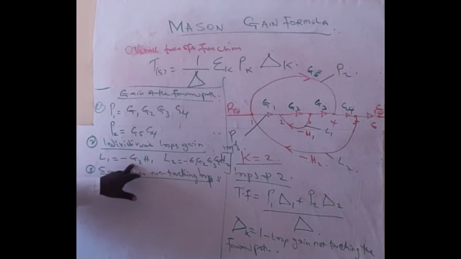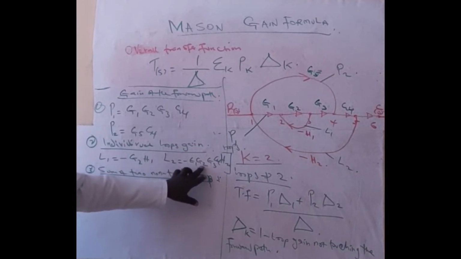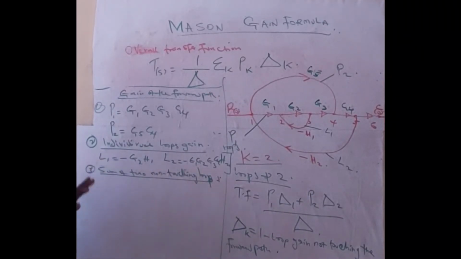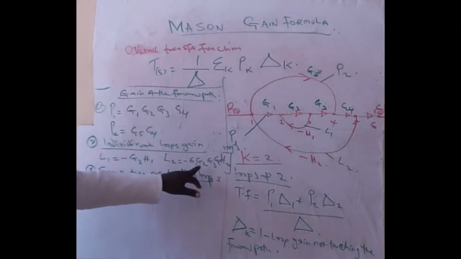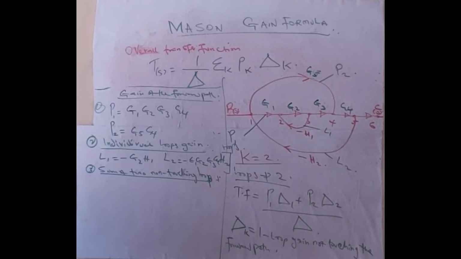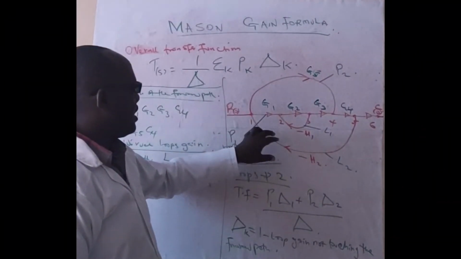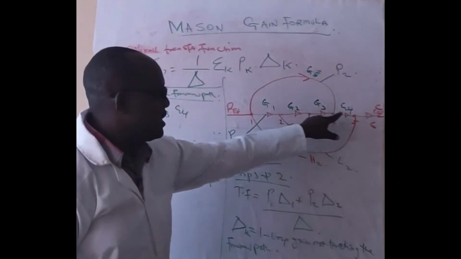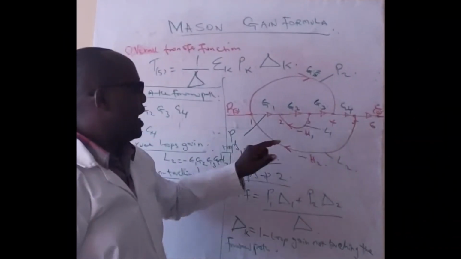I'm seeing here G2, and on the other side there is also G2. So that means those loops are meeting at G2, they are touching at G2.